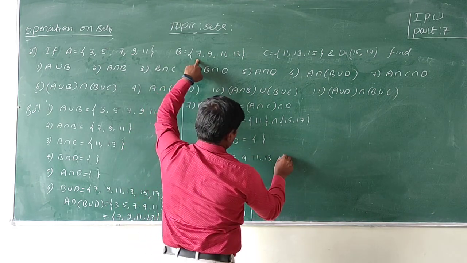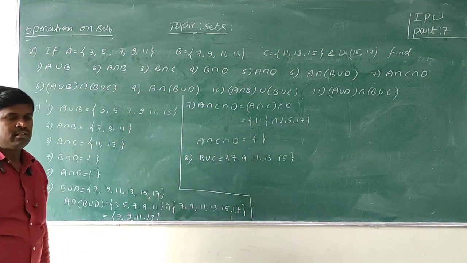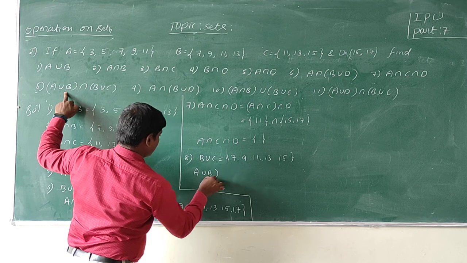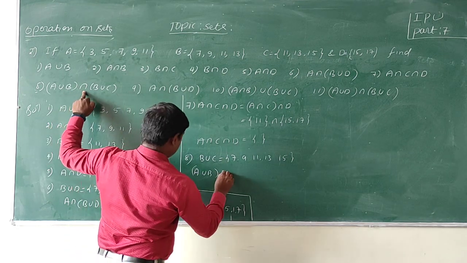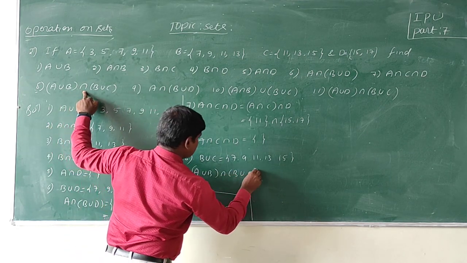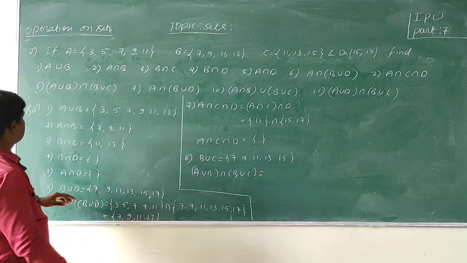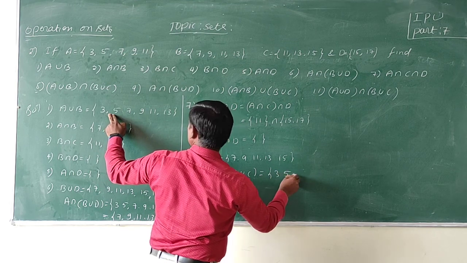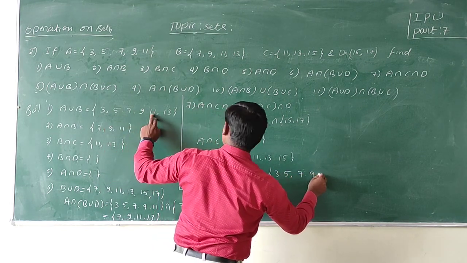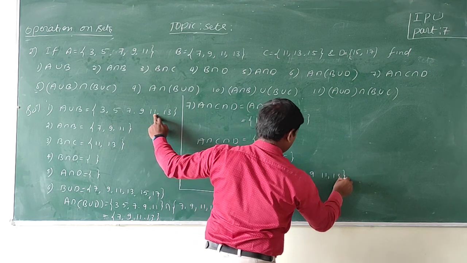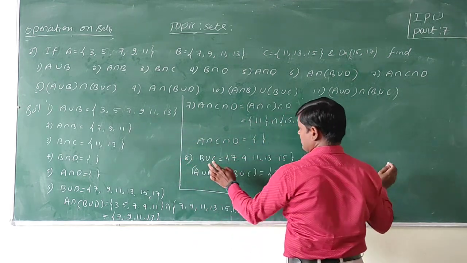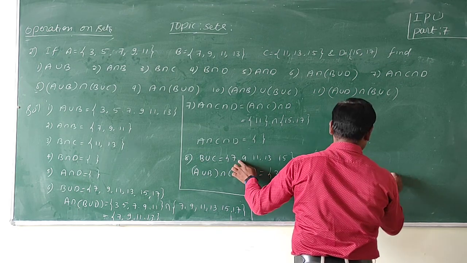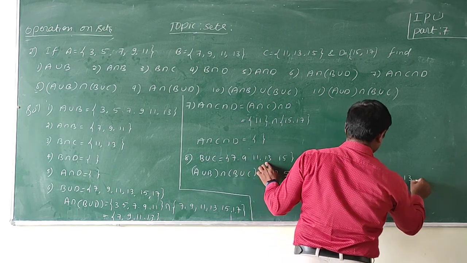So this is B union C. Next, A union B intersection of B union C. A union B is equal to 3, 5, 7, 9, 11 and 13. And intersection with B union C, that is 5, 9, 11, 13, 15.